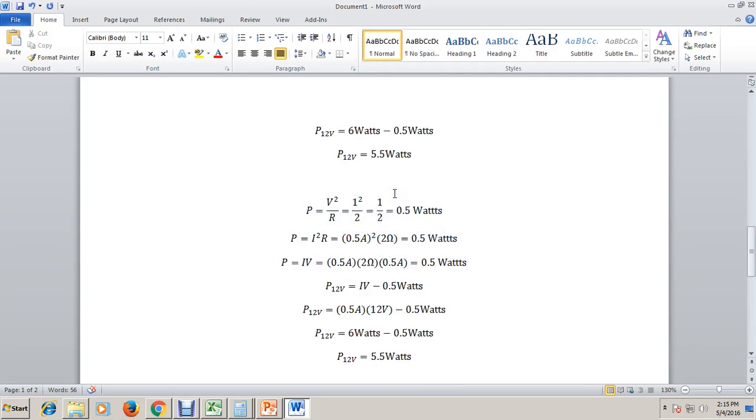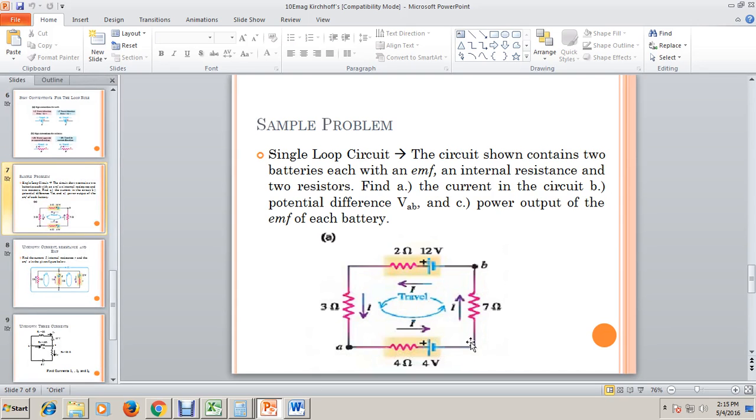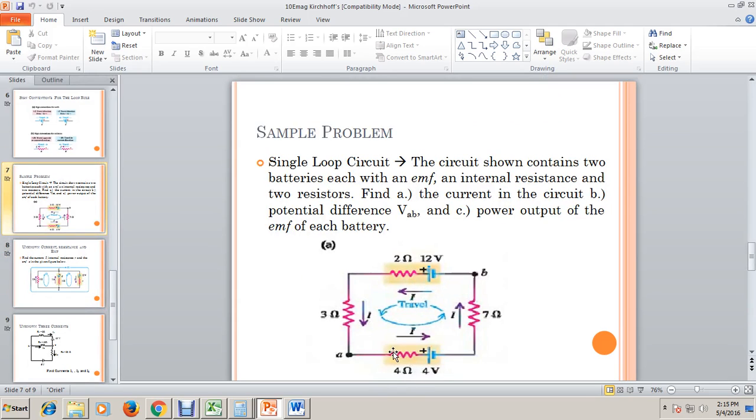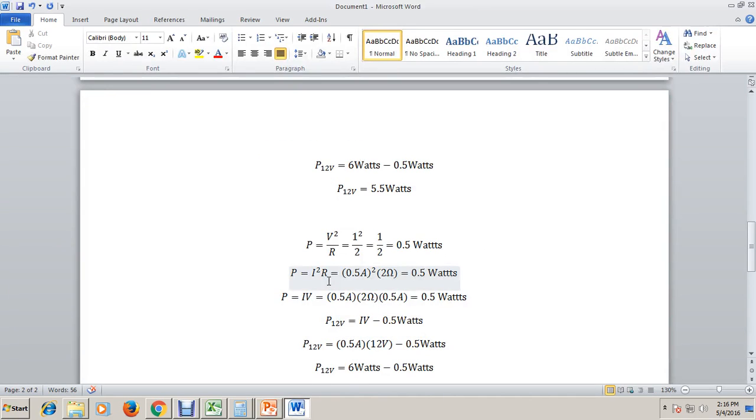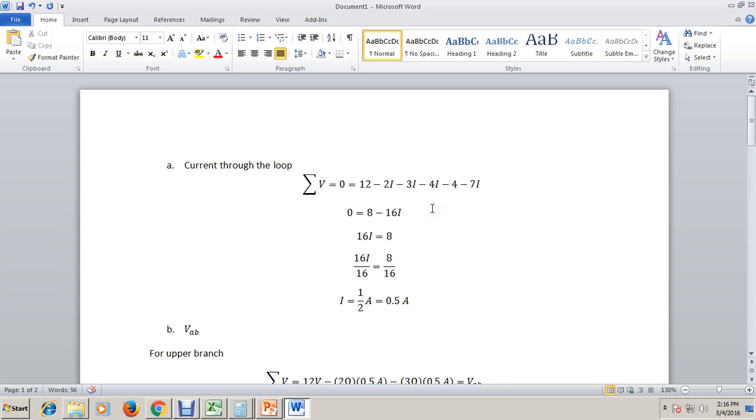again, we have P is equal to V squared over R for the 4 ohm resistor. So the voltage across the 4 ohm resistor is given by negative 4 times I. So negative 4 times 0.5 gives us negative 2, or 2.